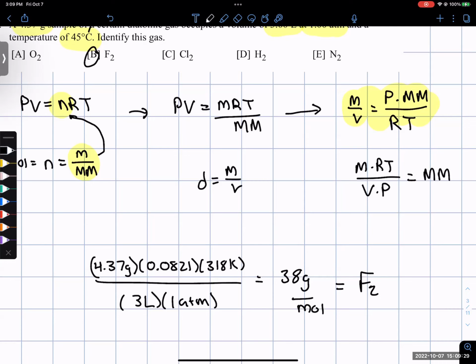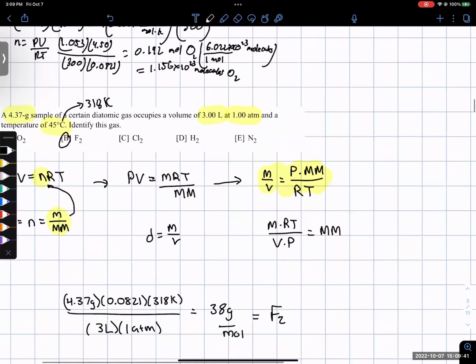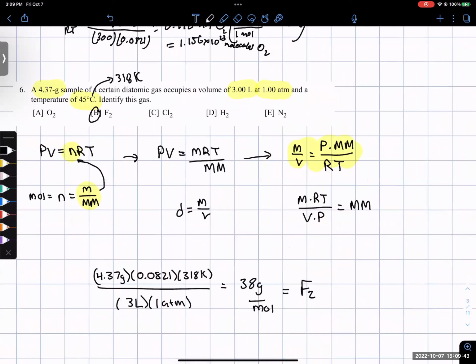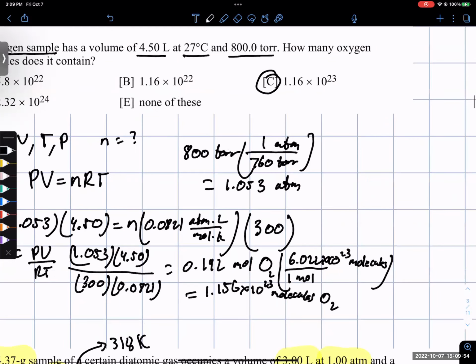Okay, thank you. Are there any other questions on this problem? Any at all? Speak now or forever hold your peace. So wait, I have a quick question. Yeah, what's up? I get that we got moles of oxygen, but because it's asking for molecules of oxygen, we use Avogadro's number.